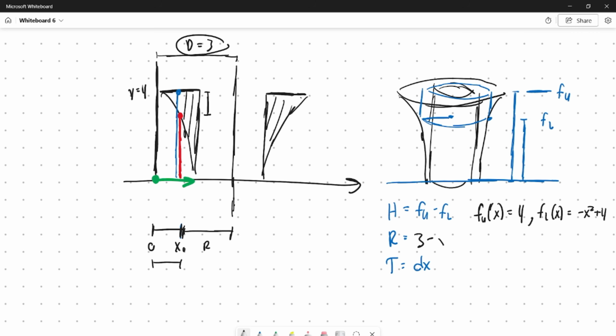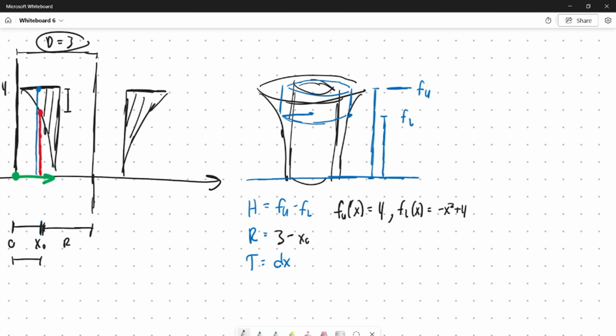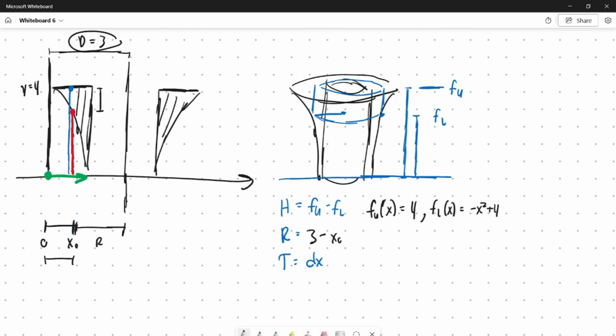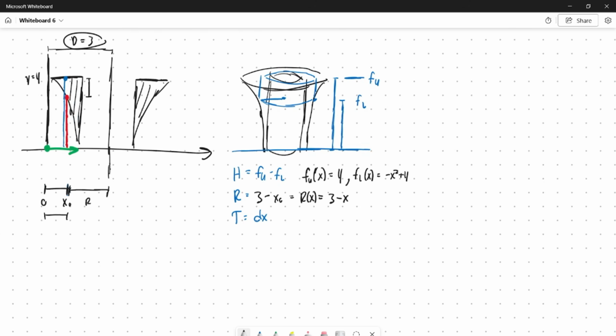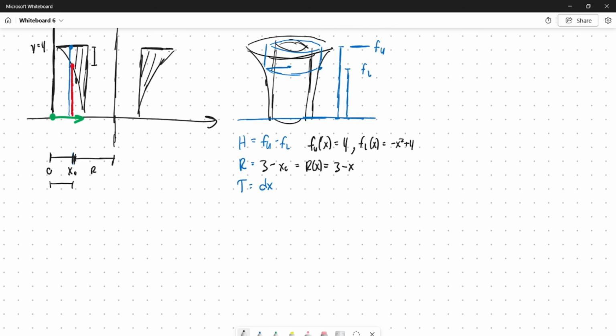So that'd be 3 minus x naught. But if I wanted to make it as a function of x and generalize my radius, I can rewrite that as r of x is equal to 3 minus x. And that means that I found my function of radius as I travel a distance x from the origin. Which means then that we found everything we need to evaluate this cylindrical shell.